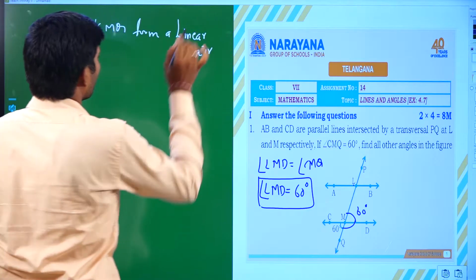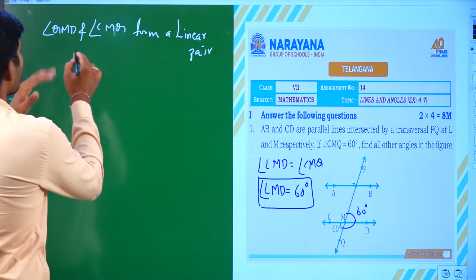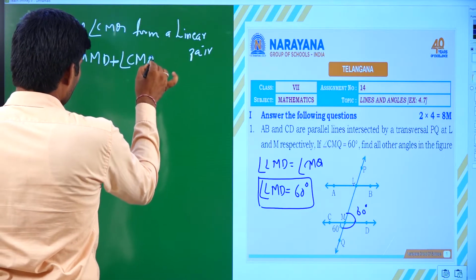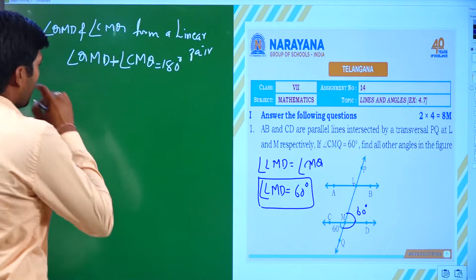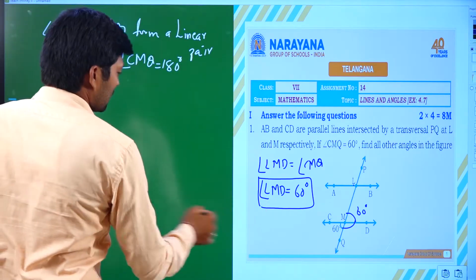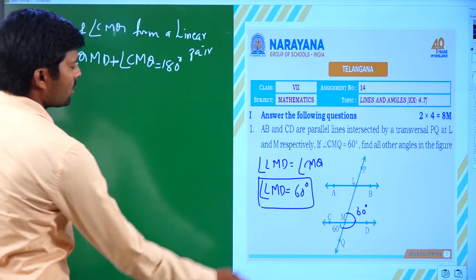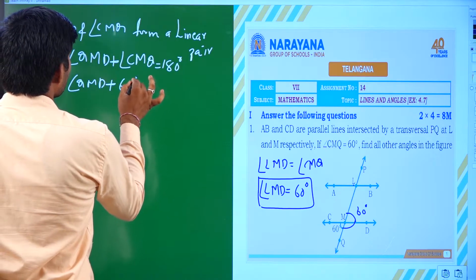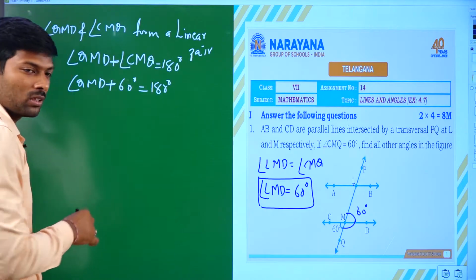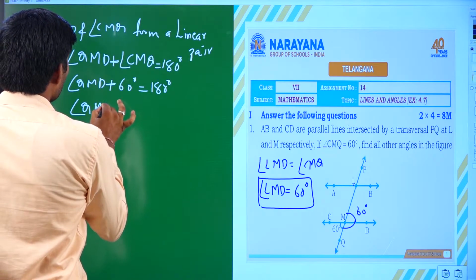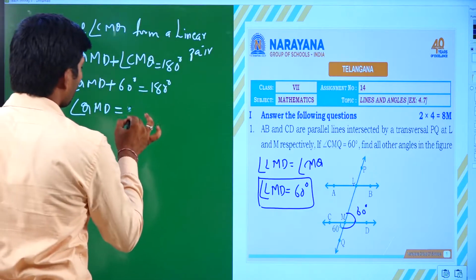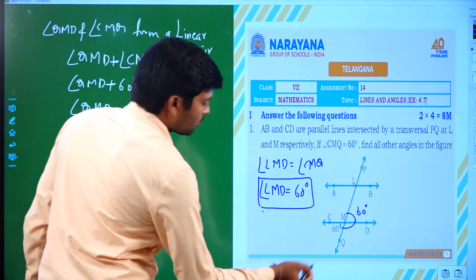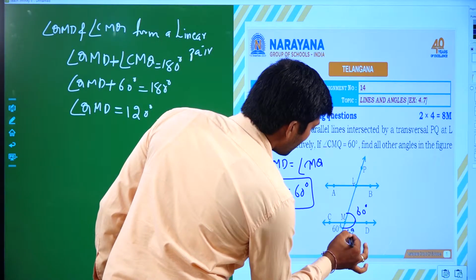Important concept, a linear pair: if two angles form a linear pair, the sum of these two angles must be 180. Angle QMD plus angle CMQ is equal to 180 degrees. Angle CMQ is given as 60 degrees, so QMD plus 60 degrees is equal to 180 degrees. Angle QMD is equal to 180 minus 60, which is 120 degrees. So angle QMD is equal to 120 degrees.